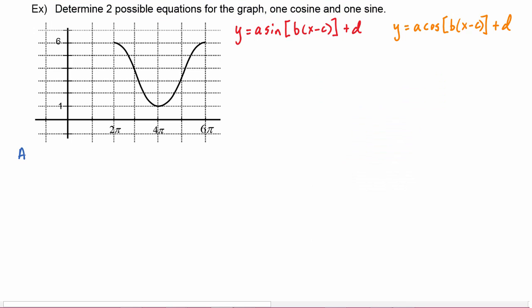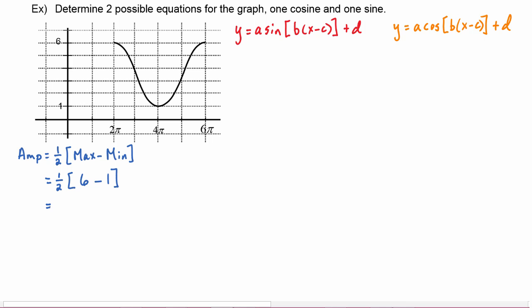We can find the amplitude by using the definition that it is 1/2 of the max minus the min. Looking on the graph here, the maximum occurs here at a y value of 6. The minimum occurs here at a y value of 1.